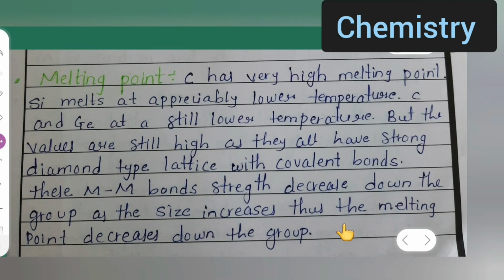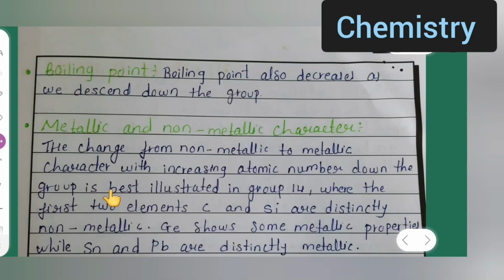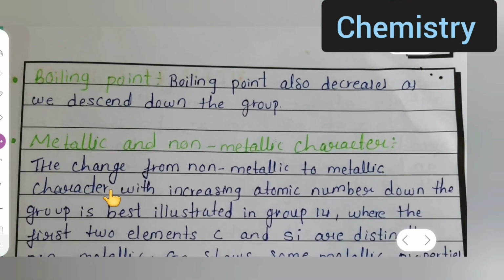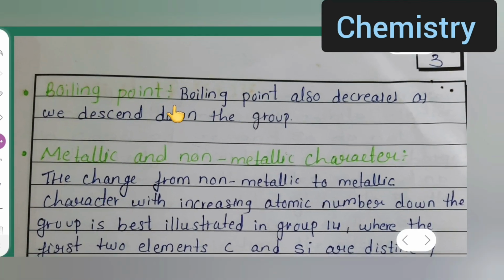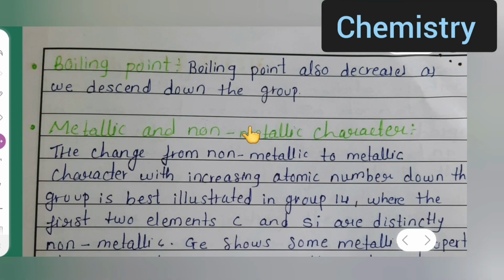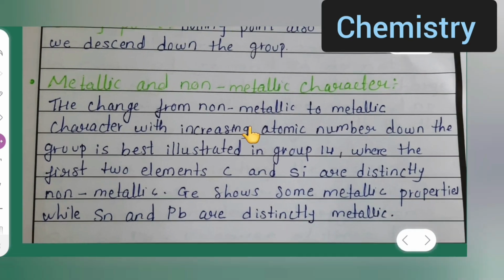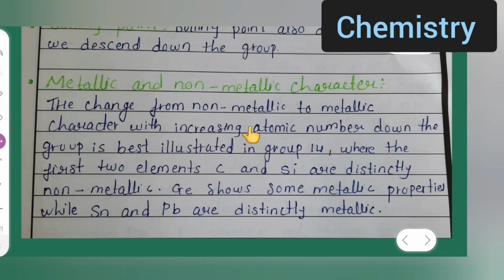Next, moving towards the boiling point. Boiling point also decreases as we descend down the group. You all can take down this. Moving towards the next part, that is metallic and non-metallic character.